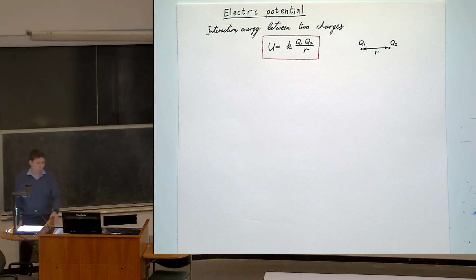And when chemical reactions occur, they occur with a release or absorption of heat, that is, release or absorption of energy. That's exactly because of the change of the electrostatic energy of charges in the chemical compounds.